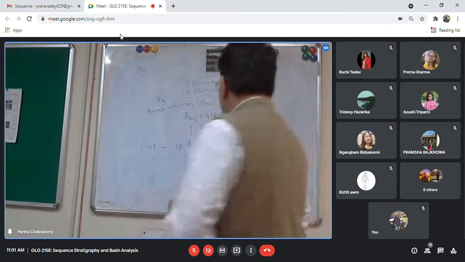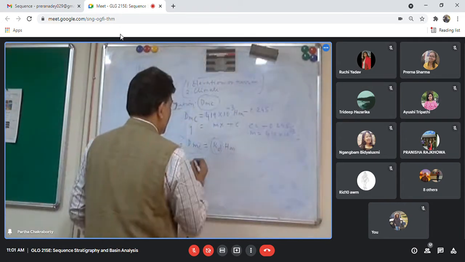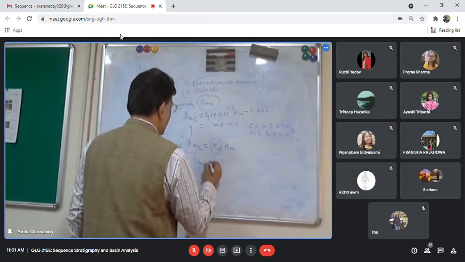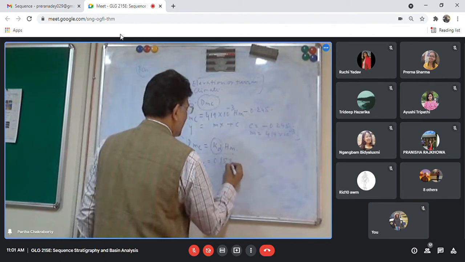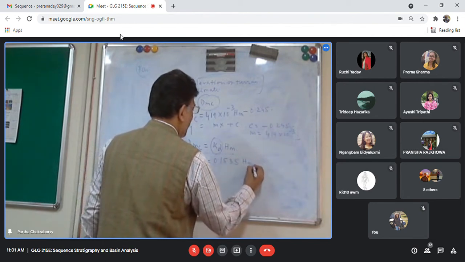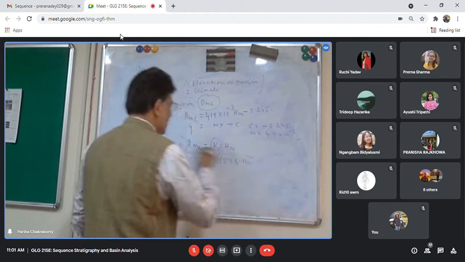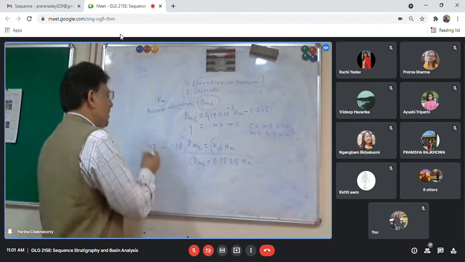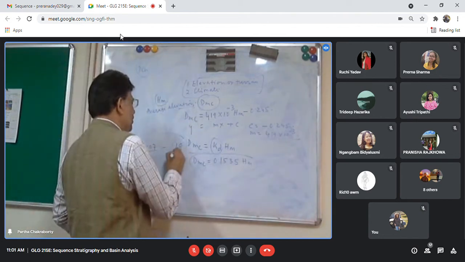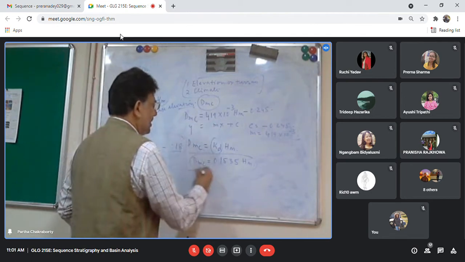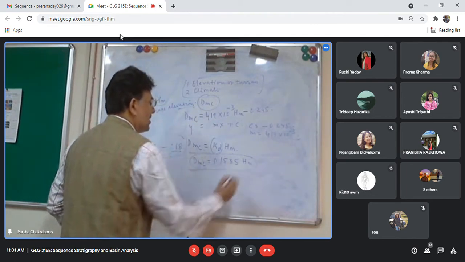So the average relation they establish is DMC equal to 0.1535 HM. This is an average relationship, because the value of KD can vary from 0.07 to 0.18. So the average value they achieved becomes the relation.